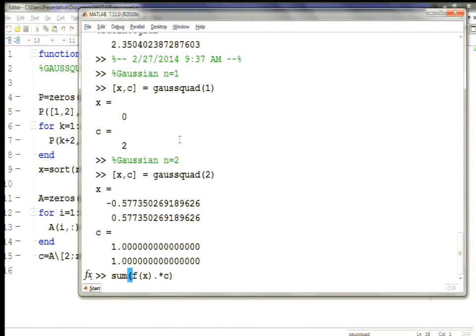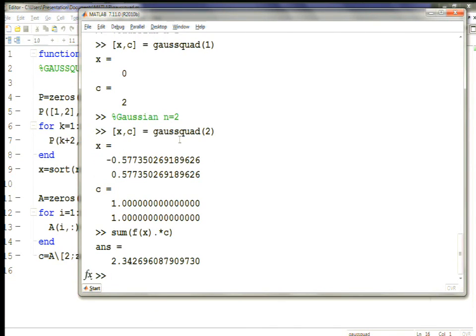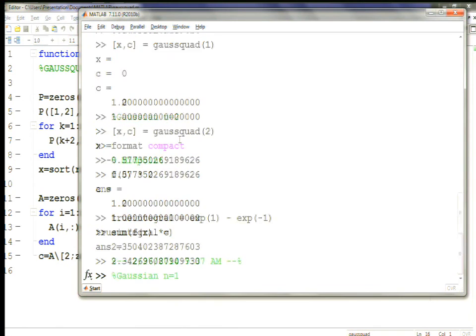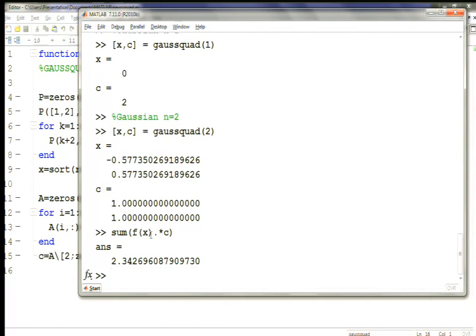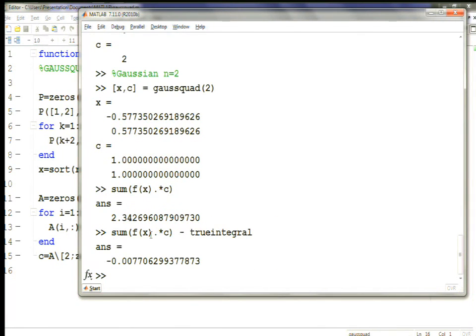Are you all OK with MATLAB in that form? So it's really a sum, right? So if you want to write a for loop, that's fine. But I'm evaluating all the functions at those 2 points, and I dot times the c's. And of course, out comes a better value for this integral. And you can see that it's enormously much better. In fact, if we do minus true integral, the error went down to something very tiny, right?